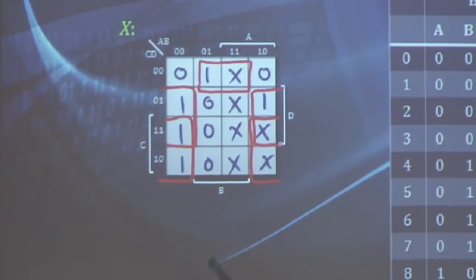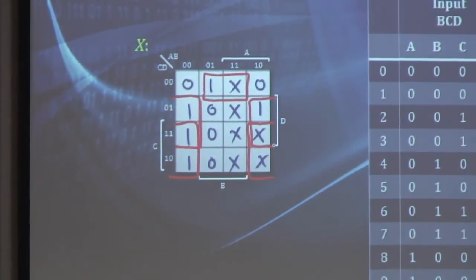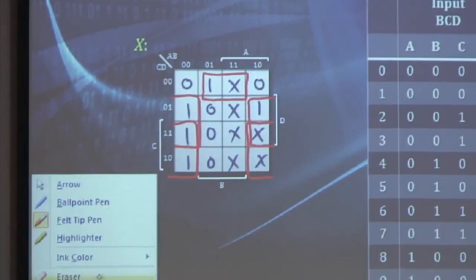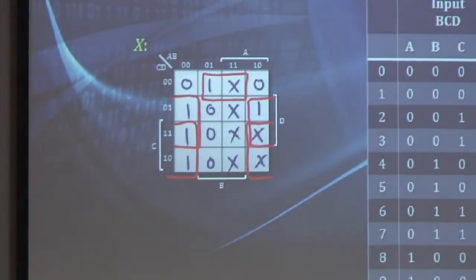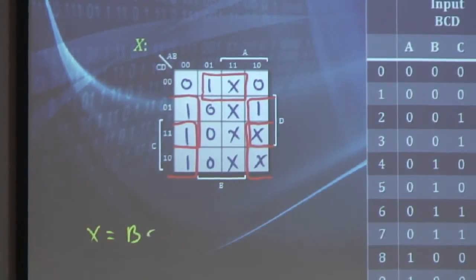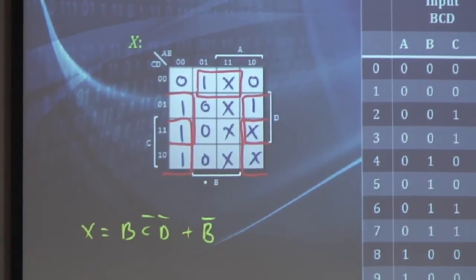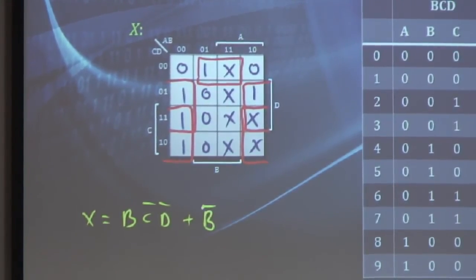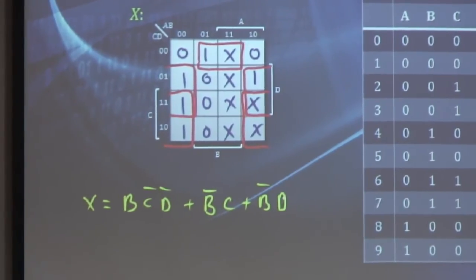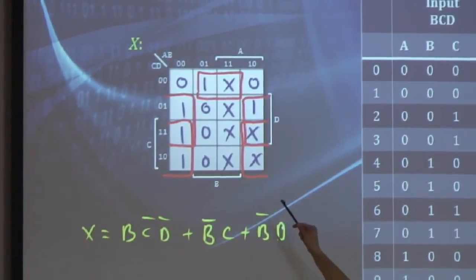Those don't cares that I didn't need to use, I left as they are. Those don't cares that actually helped me, I did use. And this will come to X being: the one up there is B not C not D. And then the group here is, sorry, not B and C. And we have not B and D. So the bottom group and the middle group there.